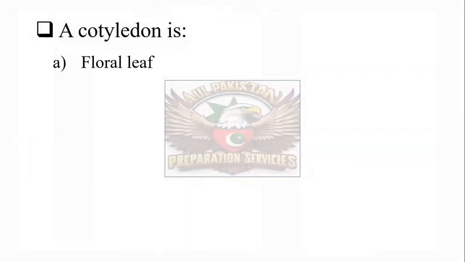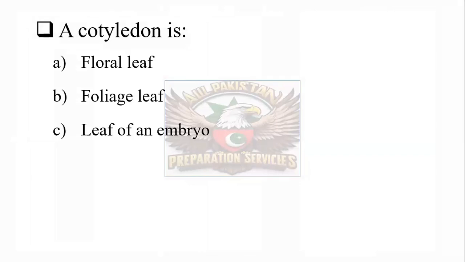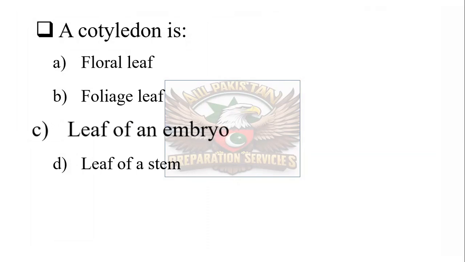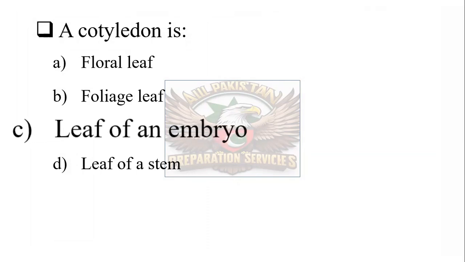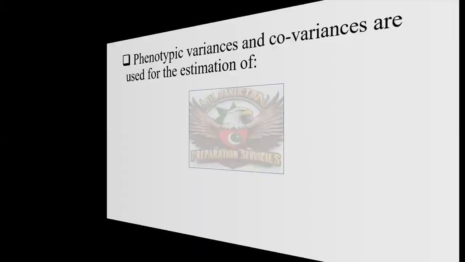Cotyledon is a floral leaf, foliage leaf, leaf of an embryo, or leaf of a stem. The correct one is leaf of an embryo. As you know, cotyledon contains all the food necessary for the embryo and is also known as the leaf of an embryo.